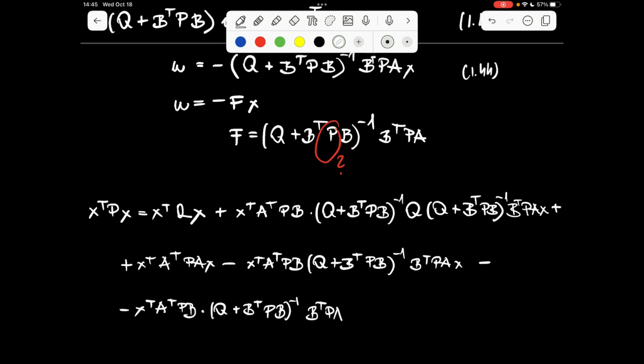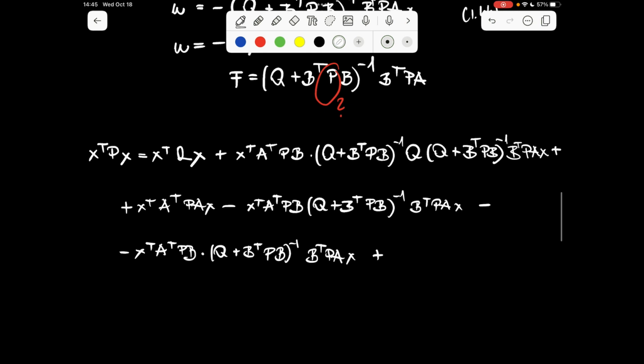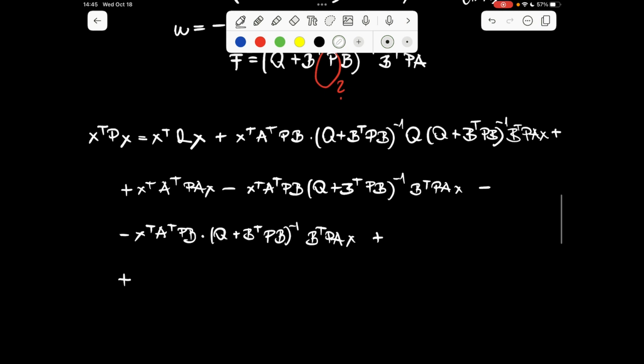So we need to expand the whole equation to see, to realize, to find what we are looking for.